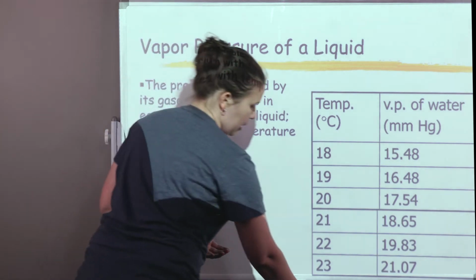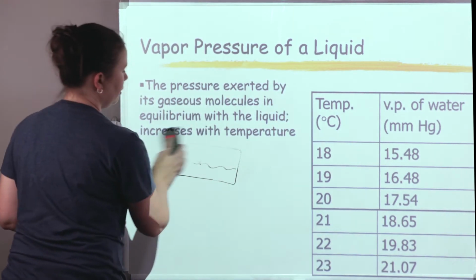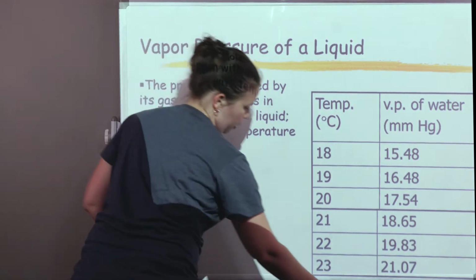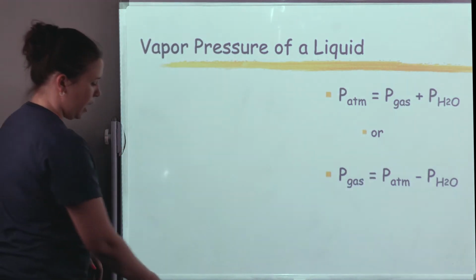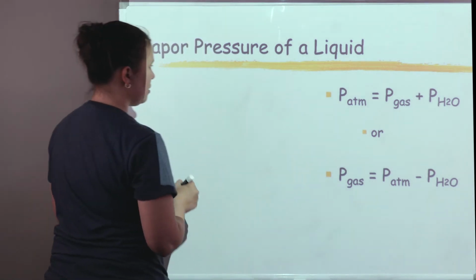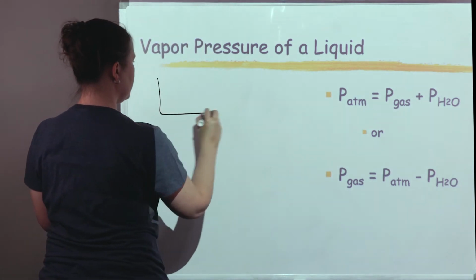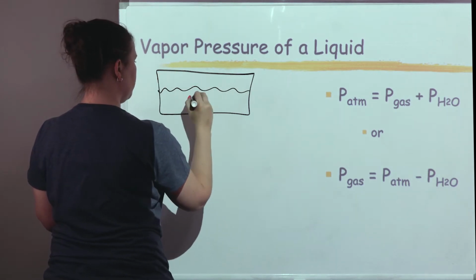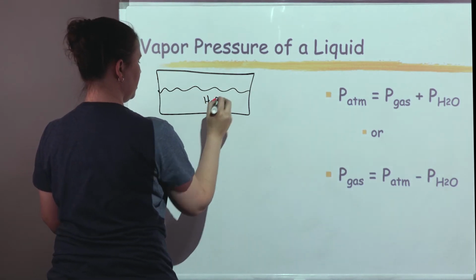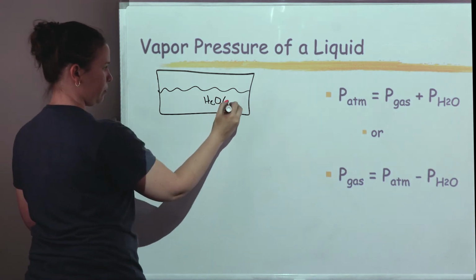So we can actually use this in a lab in order to help figure out a more precise answer to a question. The questions typically ask about a gas being pumped into a system or something being collected over water. Let's take that same idea that I have liquid water here.